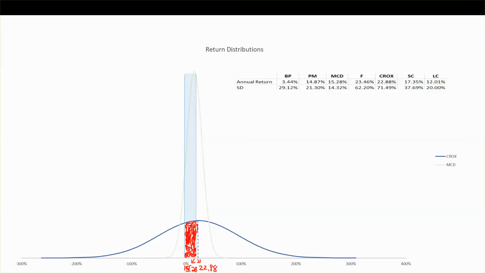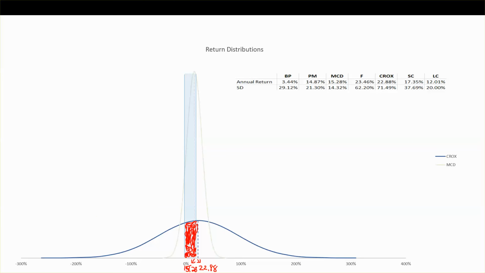But the red area is the likelihood that Crocs will earn a return between 0% and 20%. You can see that if I look at the blue distribution, most of that distribution isn't shaded red because most of that distribution falls out of the range from 0 to 20%. And I'll talk about exactly how to find the red shaded area in just a bit.